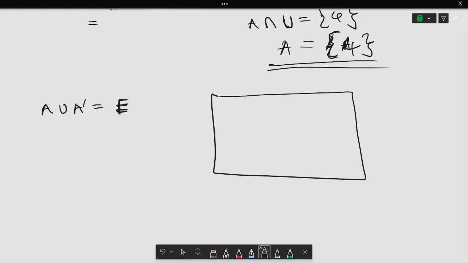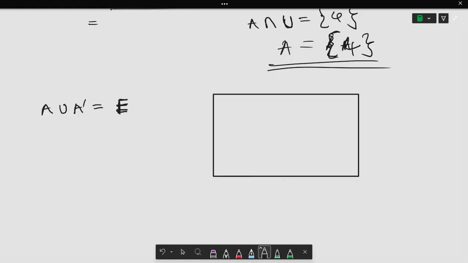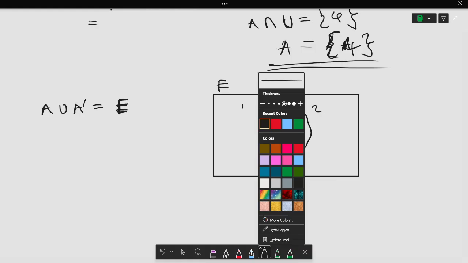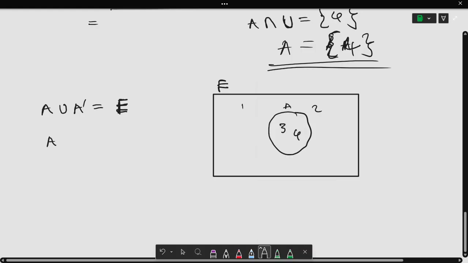Let's say this is your Venn diagram, the universal set, and you have your set A with 3 and 4. If you were to write set A, you would write 3, 4.